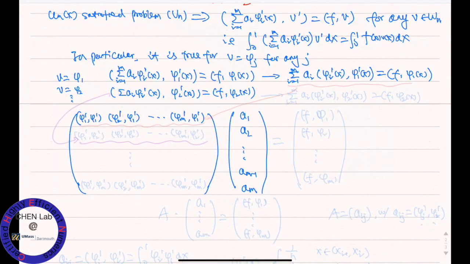All right. So this is our first row. Okay. And similarly, the second equation becomes the second row. So we are going to have phi 1 prime, phi 2 prime, and phi 2 prime, phi 2 prime, all the way to phi m prime, phi 2 prime. And that's nothing but our second equation.